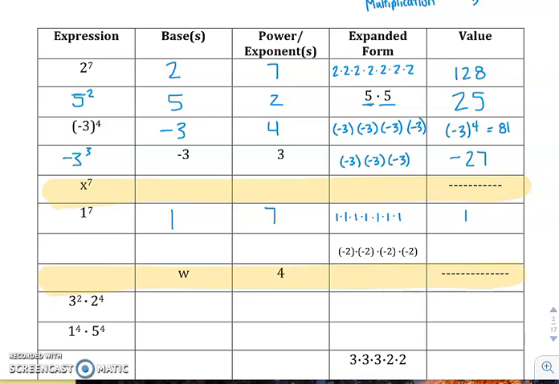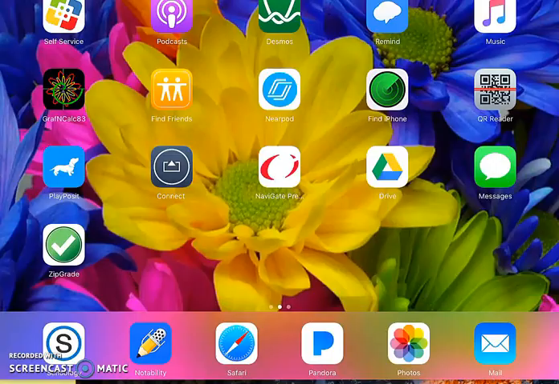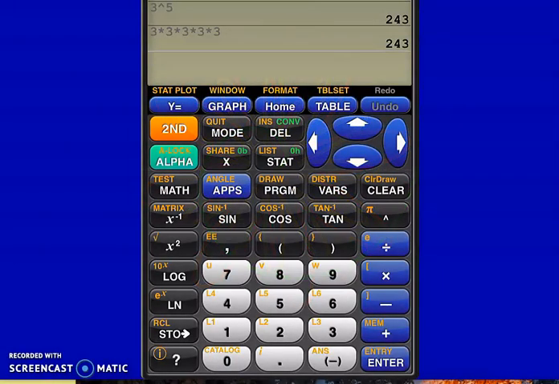So the next one, expanded form, we've got 4 negative 2's. So that's going to be negative 2 as the base. Multiplied together 4 times, so 4 will be the exponent. So negative 2 times negative 2, again, if you go into the calculator, I'll just show you the difference. So we want negative 2 to the 4th.